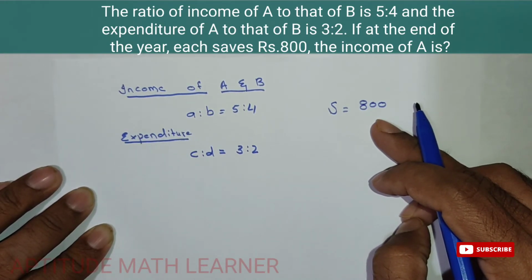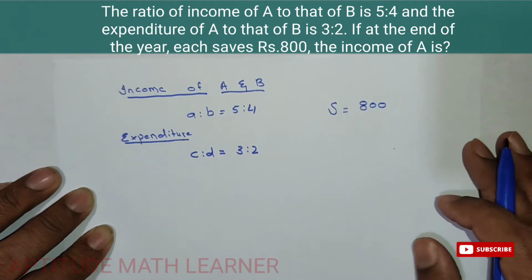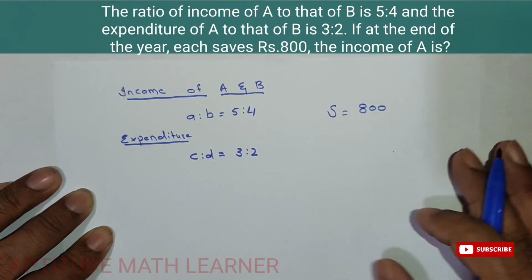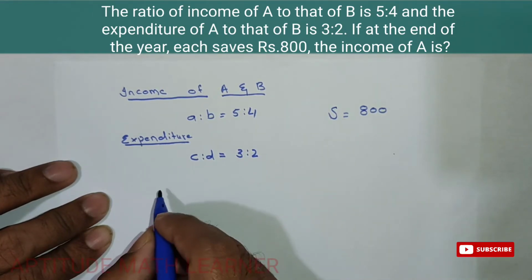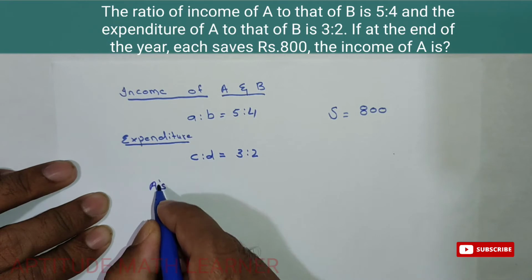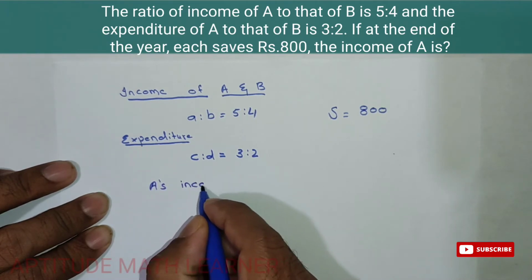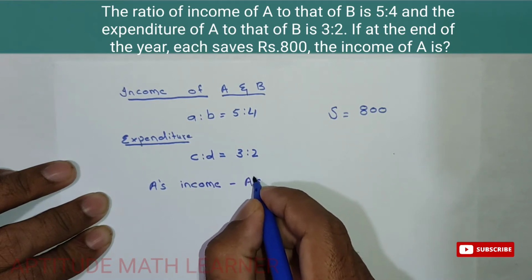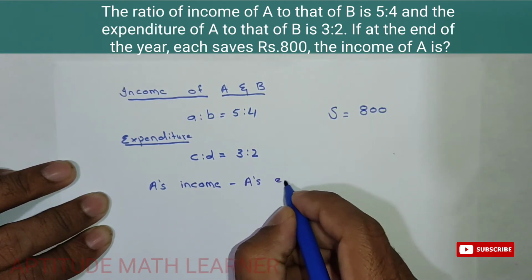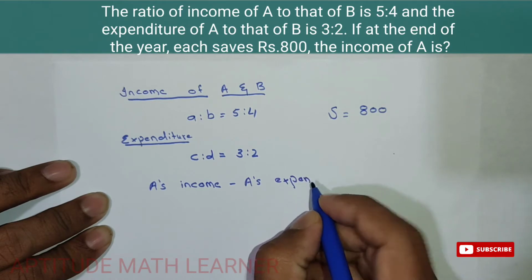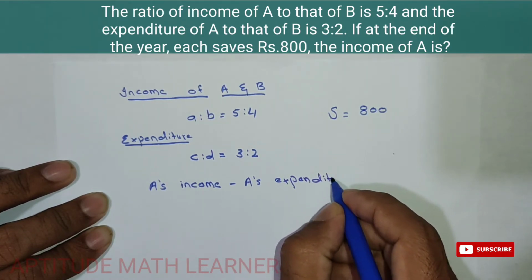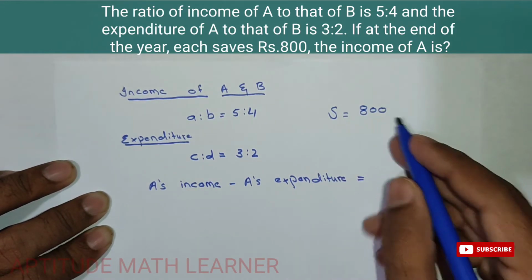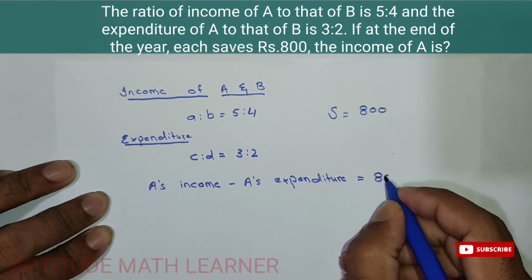So A's income minus A's expenditure is equal to its saving, and that is 800.